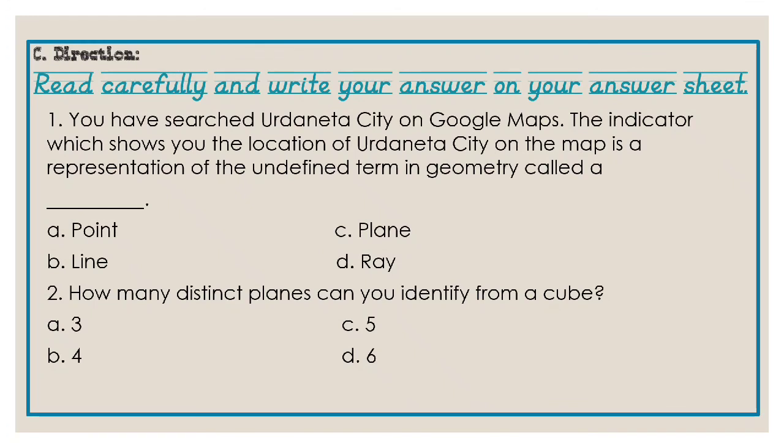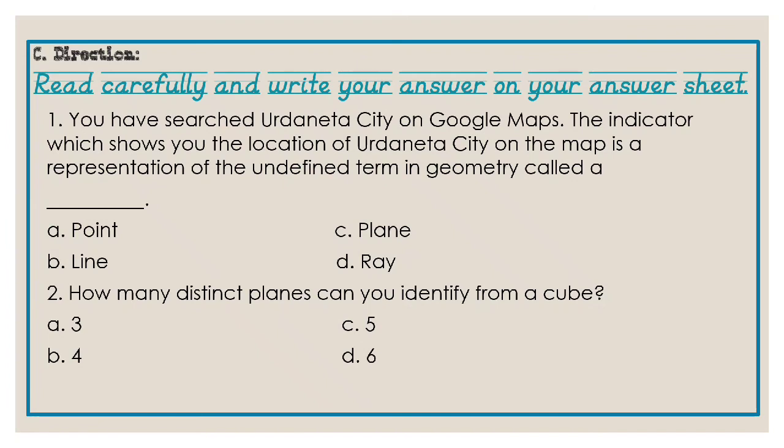If you're done, let us have this one. So read carefully and write your answer on your answer sheet. So number 1, you have searched Urdaneta City on Google Maps. The indicator which shows you the location of Urdaneta City on the map is a representation of the undefined term in geometry called a blank.